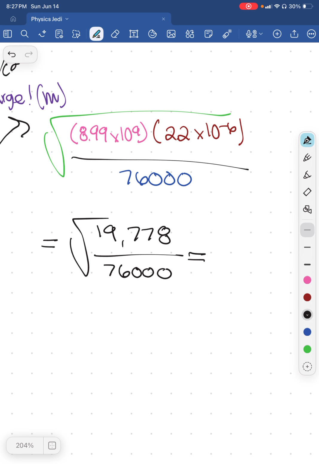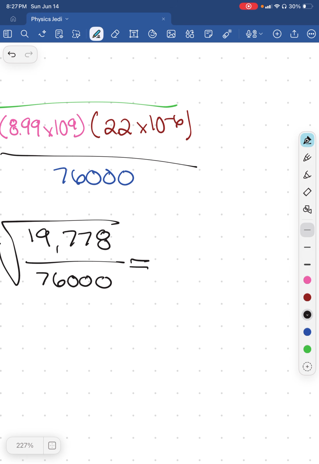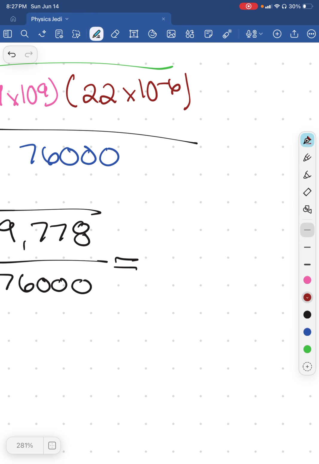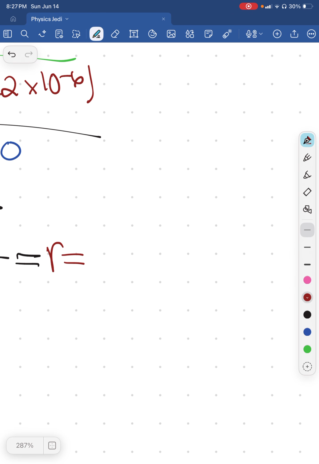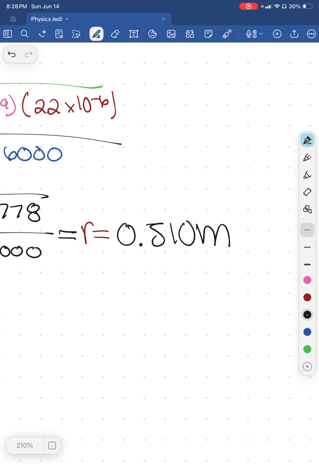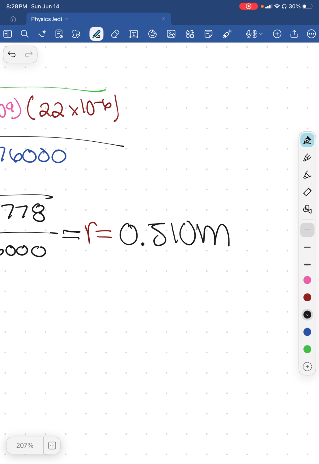Take the square root of all that, which is going to give us our final answer that r is equal to 0.510 meters. So the distance from the charge where the net electric field is 0 is 0.510 meters.